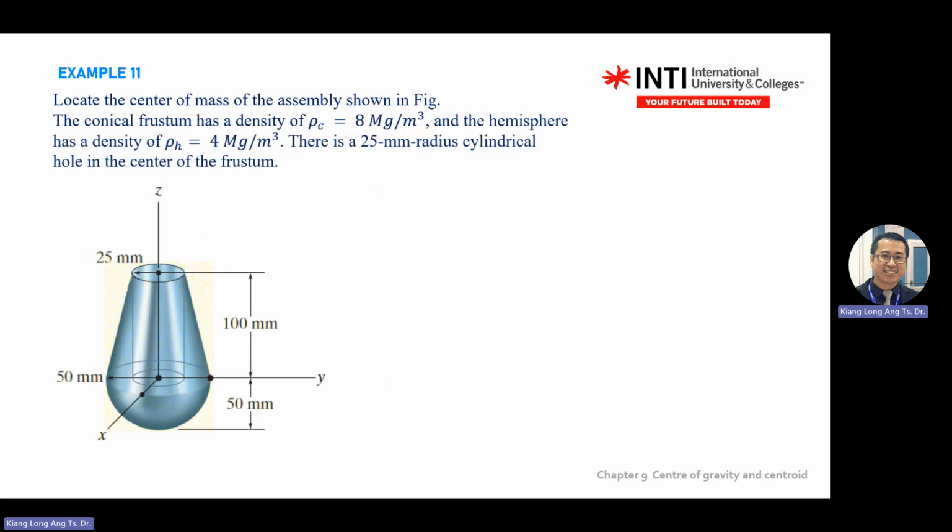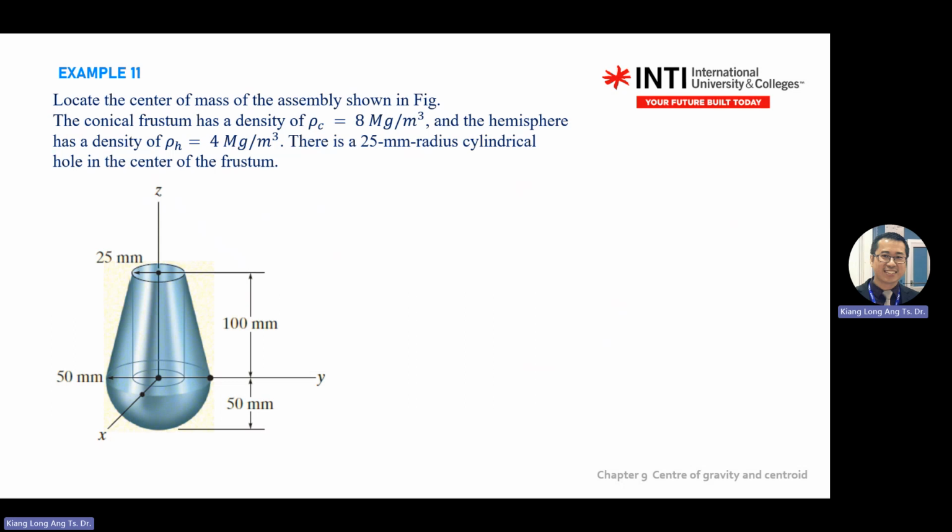3-dimensional is also the same. You look at them as a composite. So this one, you can say, is a cone. If you look at this shape, there is a hemisphere here. There is a cone shape minus a small cone, and it tells you there is a radius cylindrical hole here. So this one actually has a hole here.